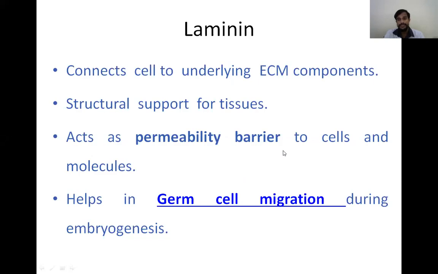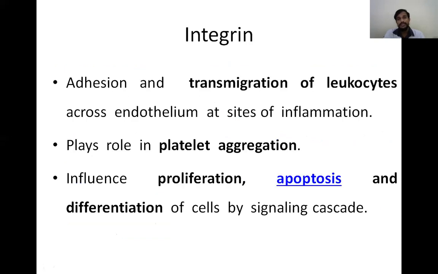And coming to the integrin, we know adhesion and transmigration of leukocytes across the endothelium at the sites of inflammation is done by integrin. They play an important role in platelet aggregation, and they influence proliferation, apoptosis, and differentiation of cells by signaling cascade.